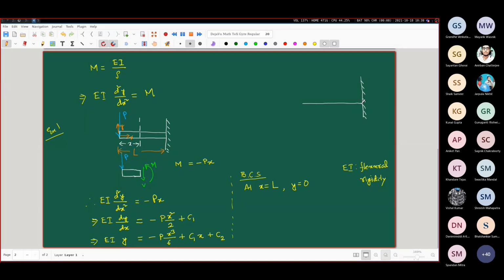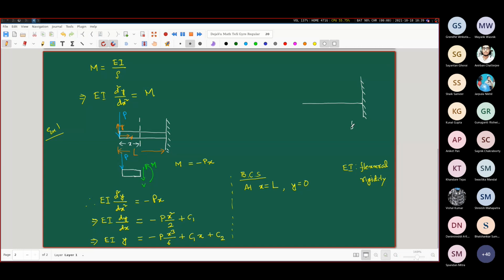Now, various kinds of attachments or supports lead to different conditions at those boundaries. When it is attached, it is easy to understand that y is equal to 0, meaning the deflection is 0. The other name for this is fixed. Sometimes it is also referred to as clamped.